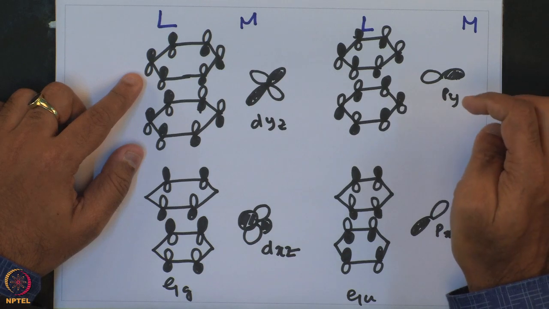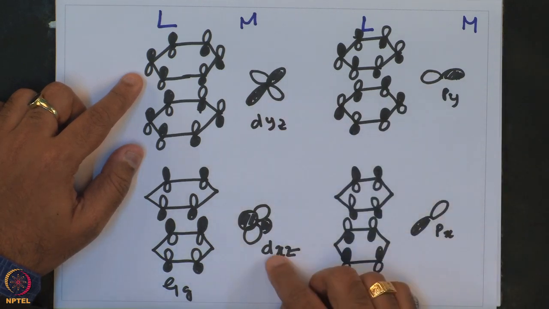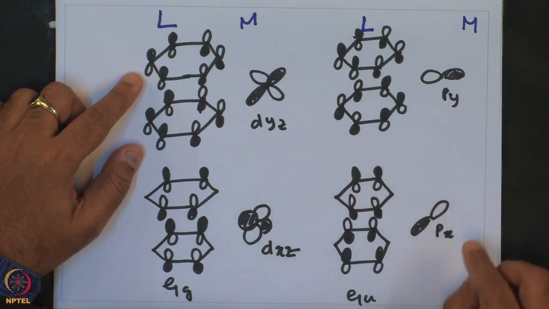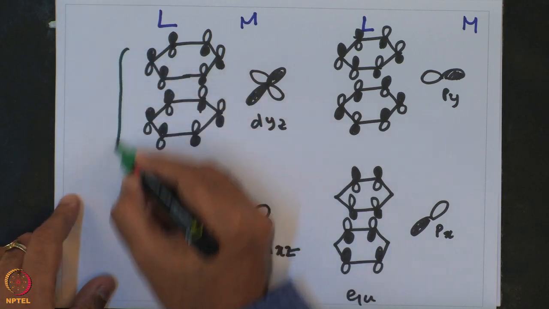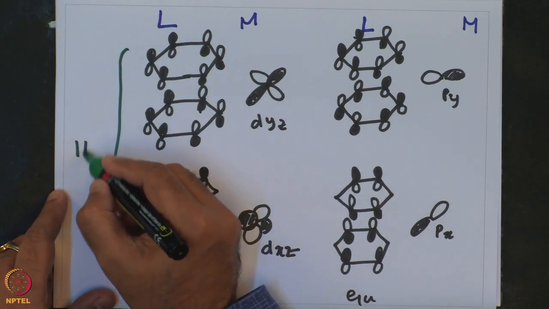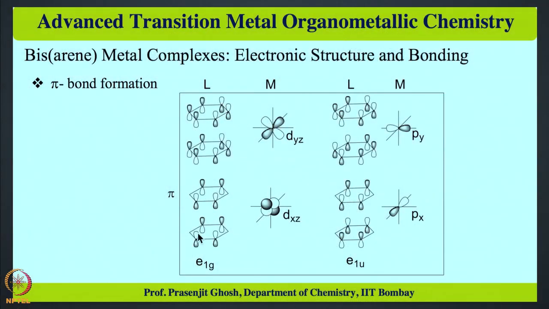So, they would combine with d yz, d xz, p y and p x, and all of these reflect pi type interaction with the ligand interaction with the metal.